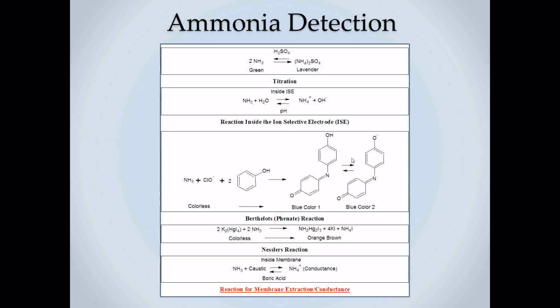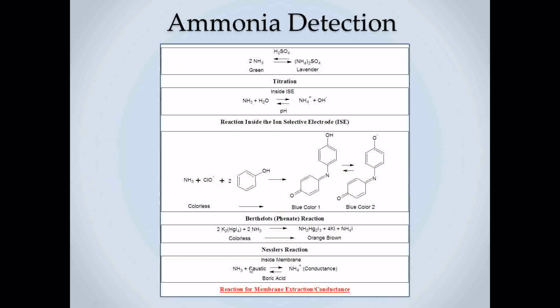You have the phenate reaction, Berthelot reaction, in which you react with ammonia and you form a photomer here that has a certain color. It does change with time. You also have the Nessler's reaction, classical with mercury. You get an orange-brown suspension, which will settle out with time.